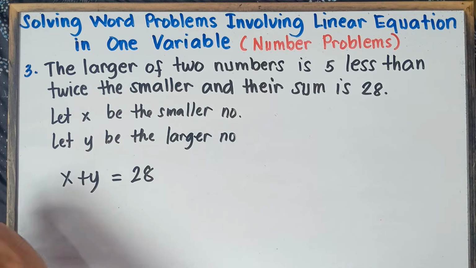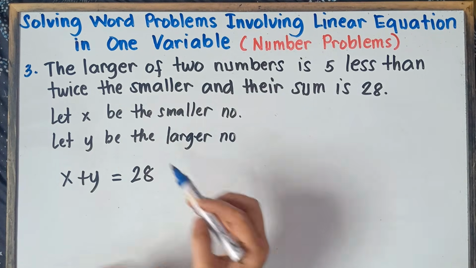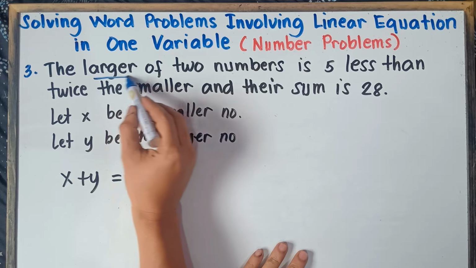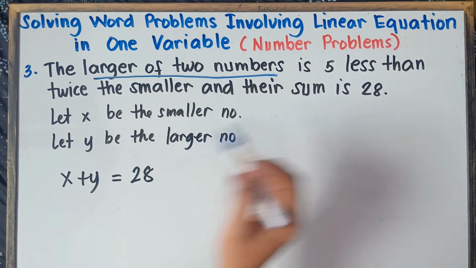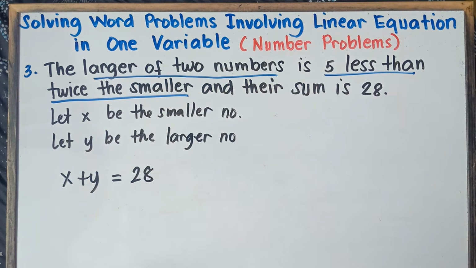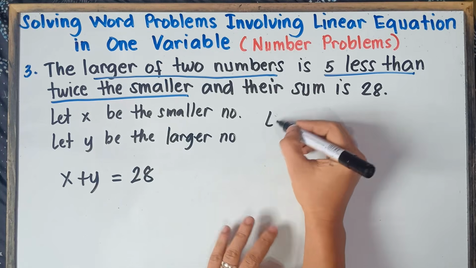Now, the problem here, class, is the idea that the larger of two numbers is 5 less than twice the smaller number.